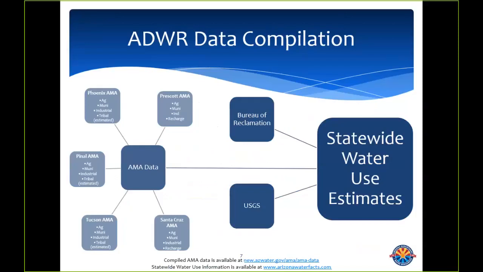This is a long and detailed and complicated process, and ADWR targets completing this compilation by November of each year. So we receive, for example, 2018's report at the end of March or the beginning of April, and we work to compile that with a target of completing that 2018 data compilation by the end of November of 2019. So we do not have access yet to the full set of 2018 data.